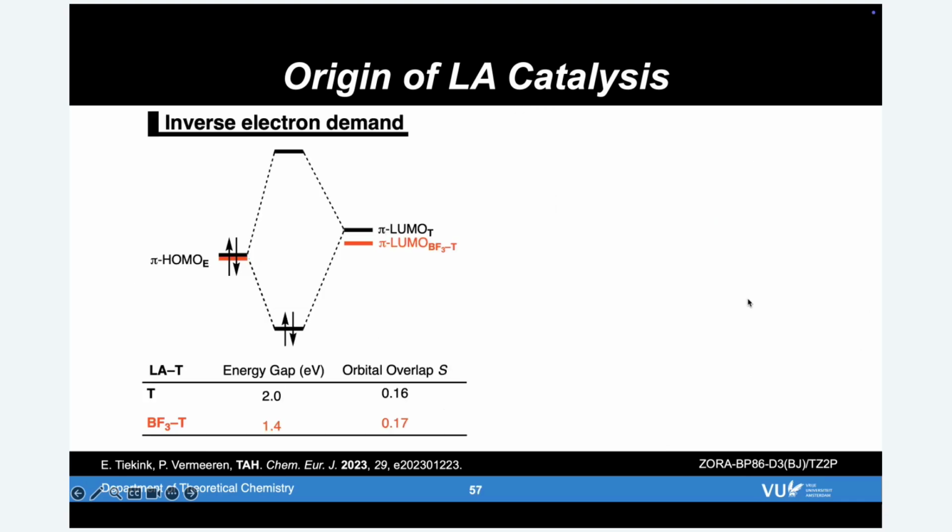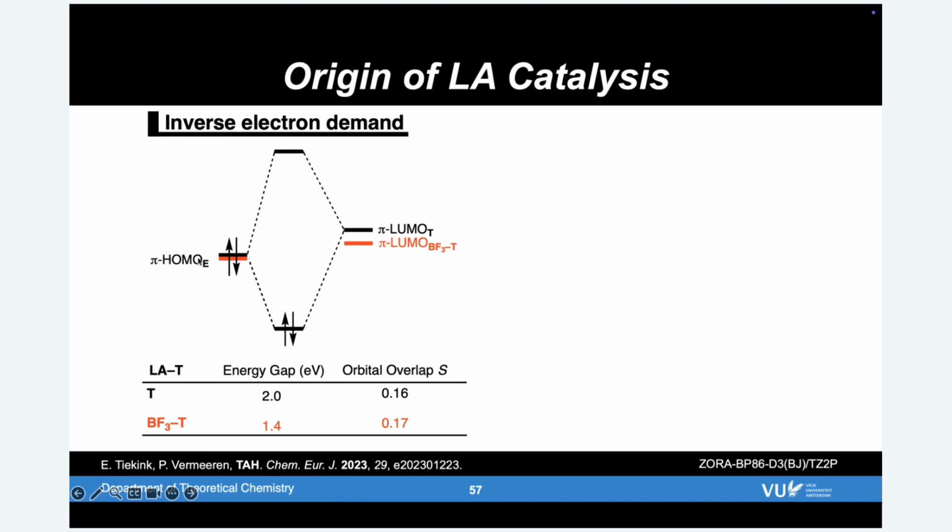So the BF3 catalyzed tropone cycloaddition really benefits from a stronger inverse electron demand interaction. So as I mentioned before, the LUMO of the tropone is quite low. The HOMO is really, really low, and is not able to engage with the lowest unoccupied molecular orbital of the ethylene.